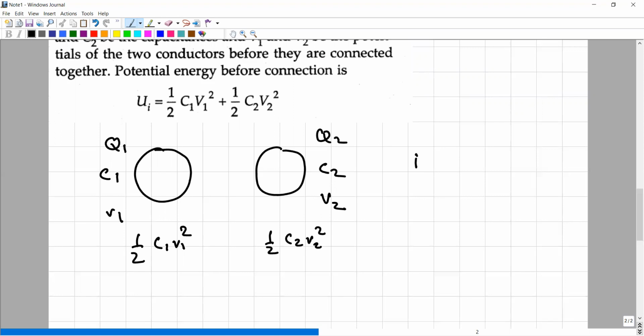This was the initial condition, that means a condition before they were connected. So the initial total energy is half of C1 V1 square plus half of C2 V2 square.